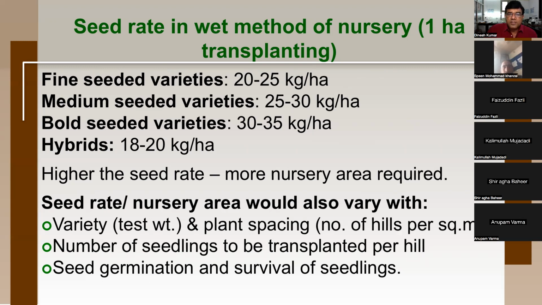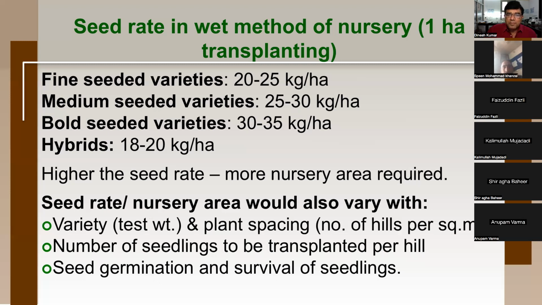These ranges are given particularly from the point of view that the seed rate varies. The seed rate varies with the variety. If you have different sizes of seed, the seed rate may be different. And also it depends upon the germination percentage of the seed. Higher the germination percentage of the seed, you need less seed.